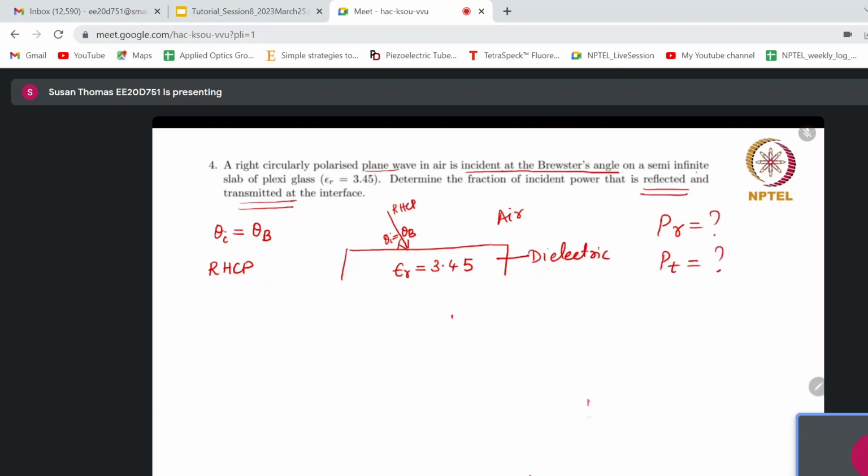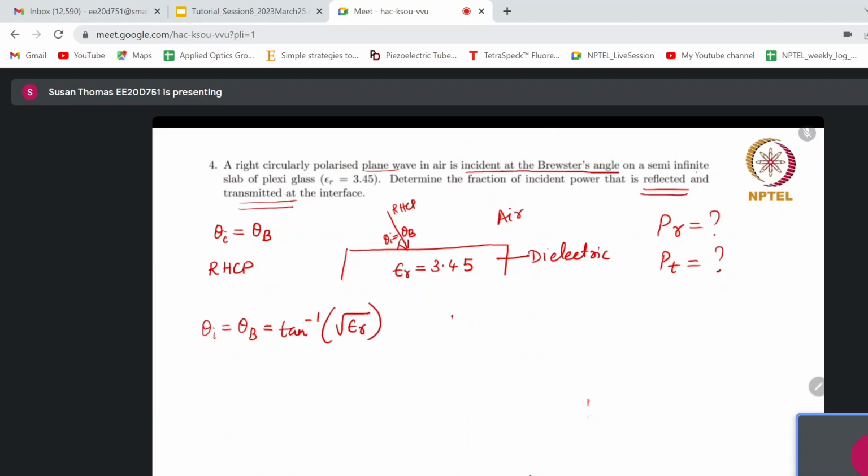So this is not a dielectric ideal conductor interface, but let's try to solve this to refresh our concepts on the air dielectric interface. To start with, what is Brewster's angle? If you have gone through the video lectures, you have come across this equation of Brewster's angle, that is tan inverse of root of epsilon r.